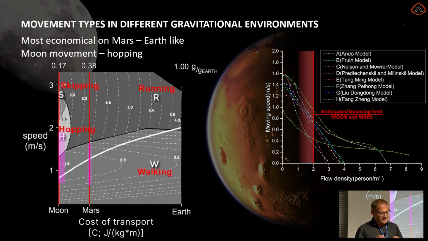But it is assumed, for the purpose of the research, that in crowded spaces, when you have 2 persons per square meter, bouncing will no longer occur or will have a minimal impact on the evacuation time. But people's movement speed will be reduced to the numbers calculated with the formula, which are very, very slow.